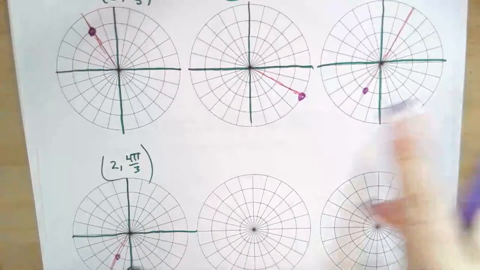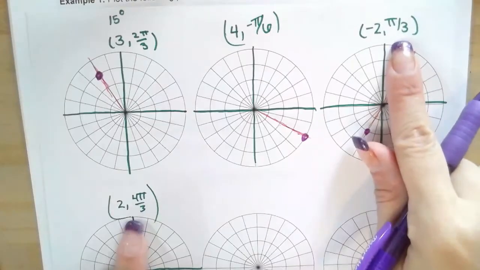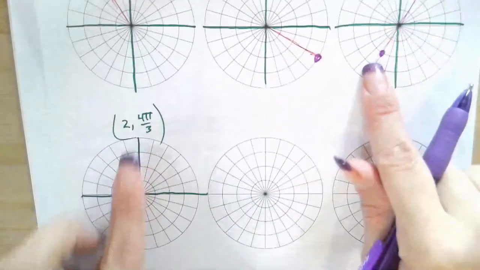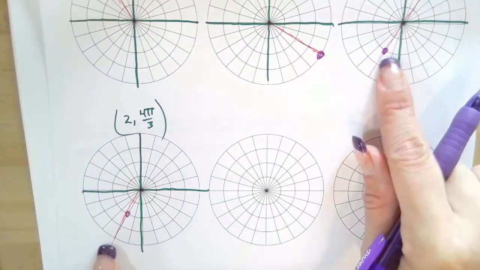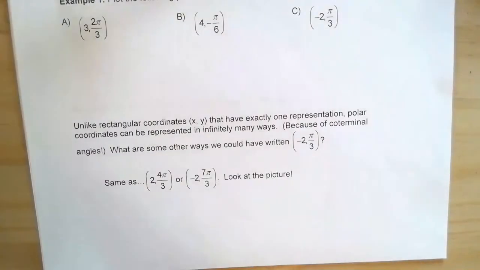We're in the same spot, even though I had 2 different coordinates. So with polar coordinates, infinitely many different coordinates can get you in the same position. It's almost like our unit circle where we can go around and around and around. All right, let's go to our next page.